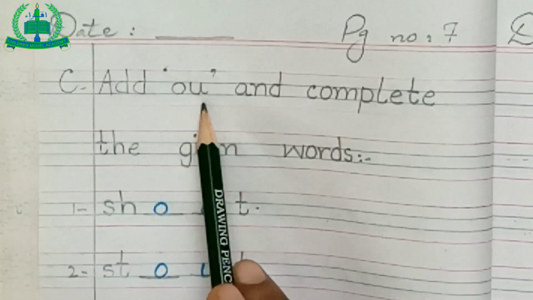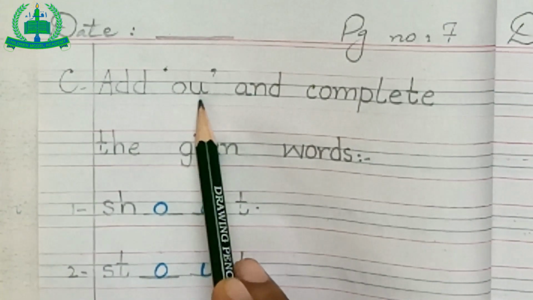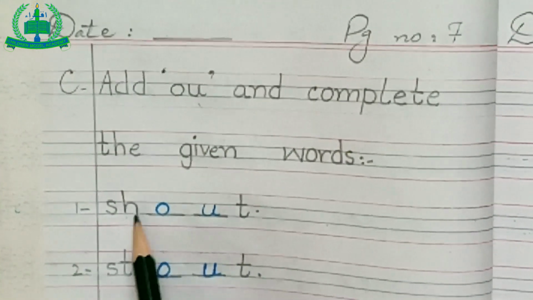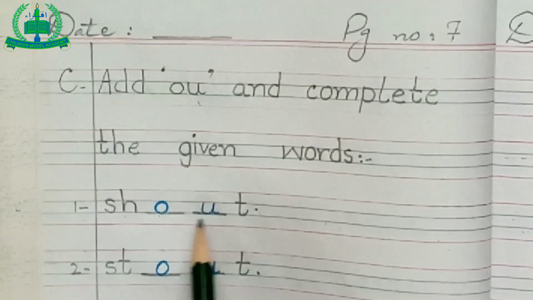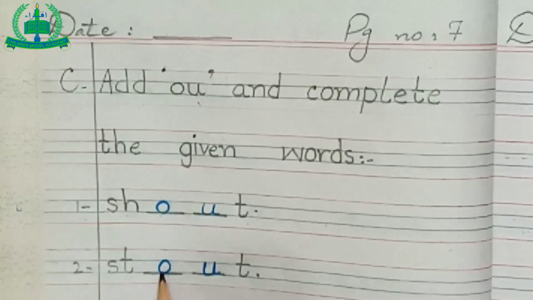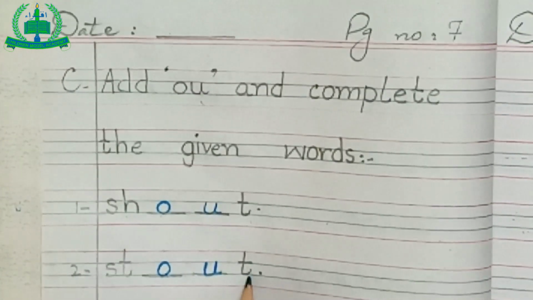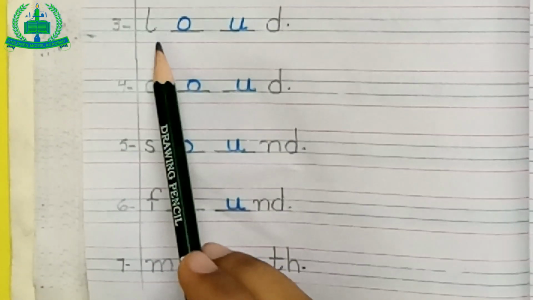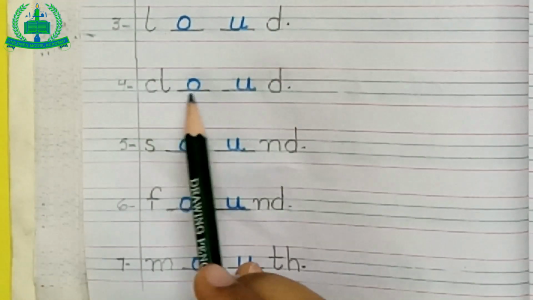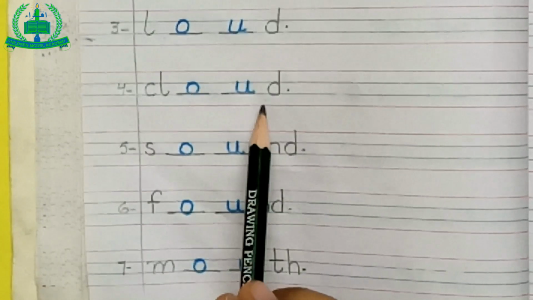The sound of OU is OU. Number 1, SHOUT, shout. Number 2, STOUT, stout. LOUD, loud. CLOUD, cloud.